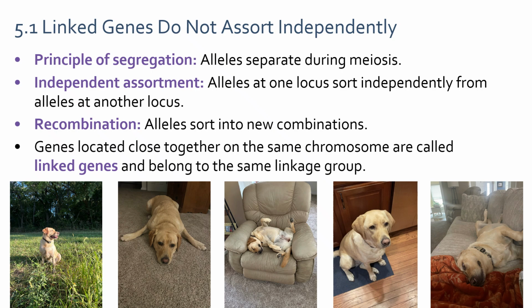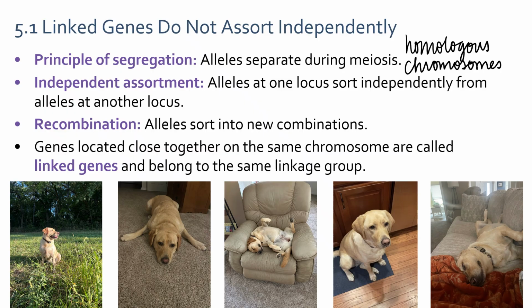So for a very quick review, in chapter 2 and chapter 3, we learned about the principle of segregation. This means that alleles separate during gamete formation, so our homologous chromosomes separate and end up in different gametes by the end of meiosis.